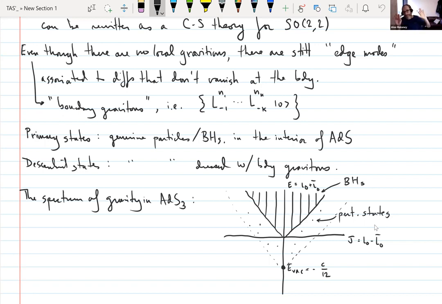Now this is something that always confuses me about papers people write about this. There's no dimensionful constant aside from Newton's constant. So that means there's no central charge that appears unless you put in some other energy scale.